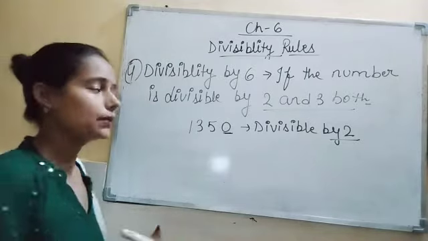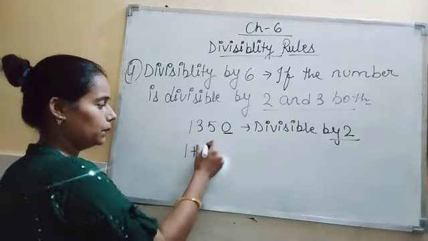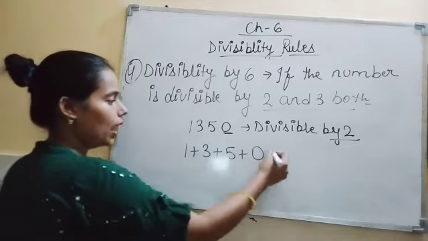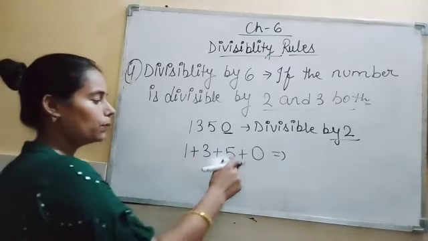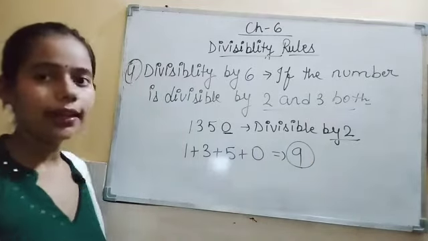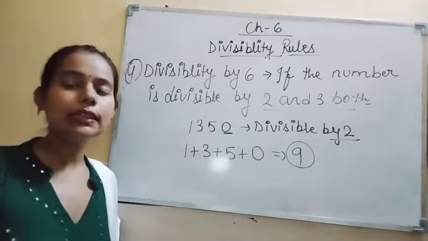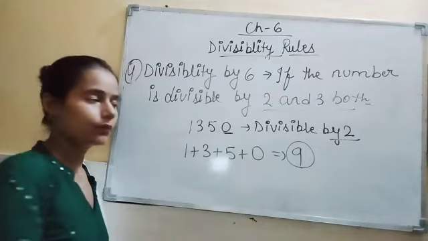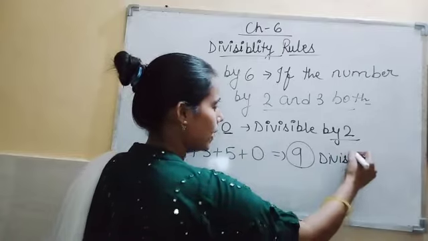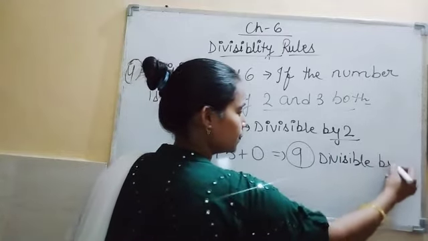We have to sum up the digits. So 1 plus 3 plus 5 plus 0. So our answer should be 1 plus 3 is 4, plus 5 is 9, plus 0 is 9. So 9 can also be completely divided by 3. So it is also divisible by 3.